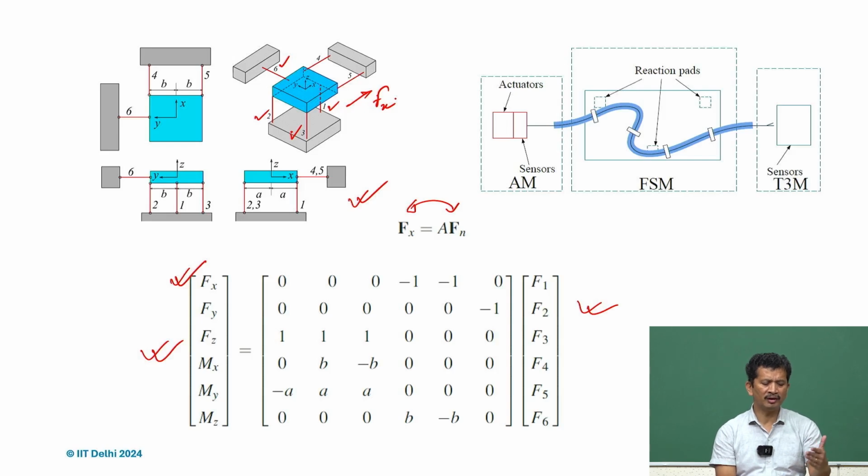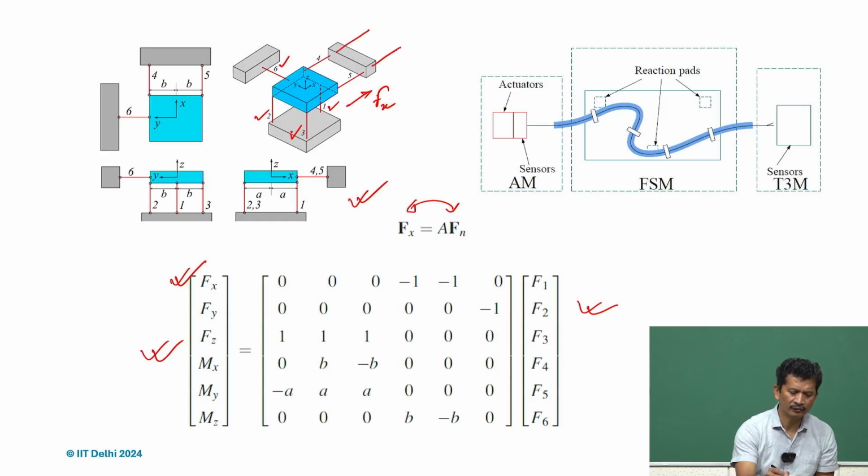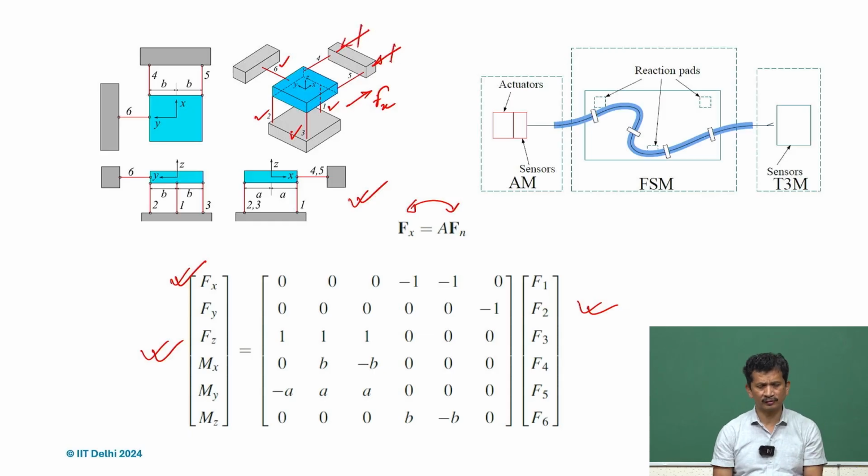So, what we receive is the force along 4 and 5, the reaction forces. Since it is compressive in nature, the notation we have used is a negative sign for compression and a positive sign for tensile forces.